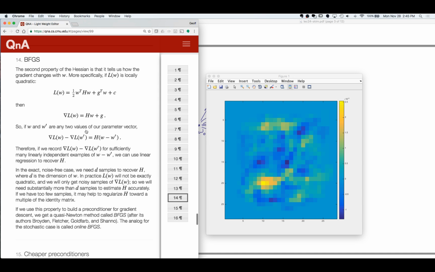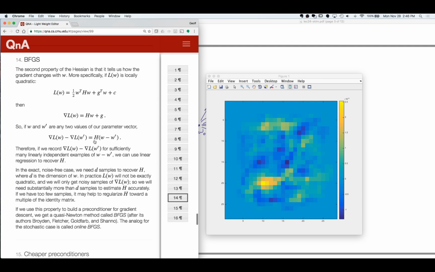That means that if we take any two values of our parameter vector, call them W and W prime, and we look at the difference in the gradients, that's equal to the difference in HW plus G, which is H times W minus W prime. So if we record the difference in gradients, and we record the difference in parameter vectors, and we do that a whole bunch of times, we get a bunch of linear equations that we can solve for the Hessian.